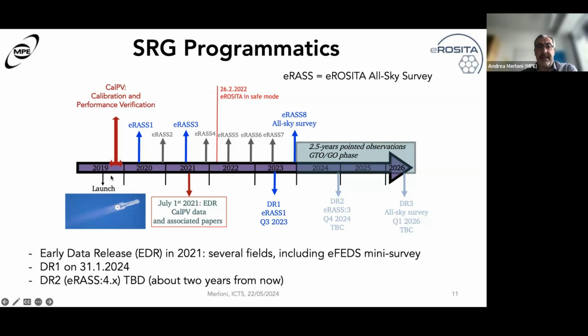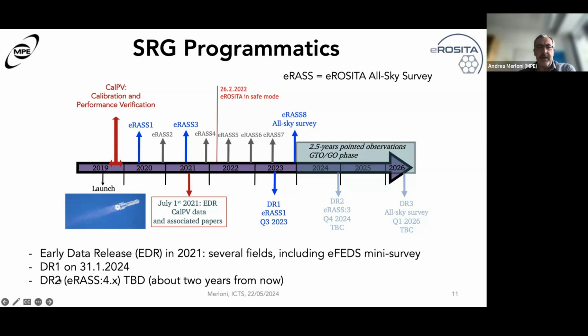The data taken in this period were released almost 3 years ago in the early data release in summer 2021, including several individual fields and the eFEDS survey, which was a quite competitive X-ray deep image of 120 square degrees that we have extensively used to do science and also to validate our strategy for source detection, identification, redshift measurement, follow-up, and so on.